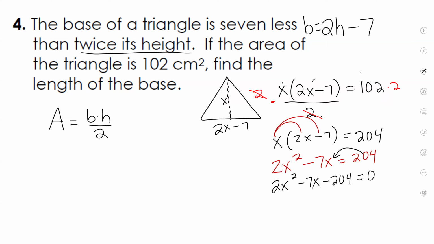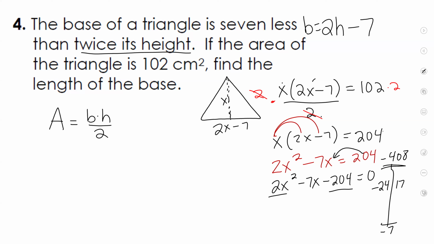Okay, so what we're going to do is A times C again. So 2 times -204 is -408. And I need two numbers that multiply to -408 and add to -7. All right, guys.